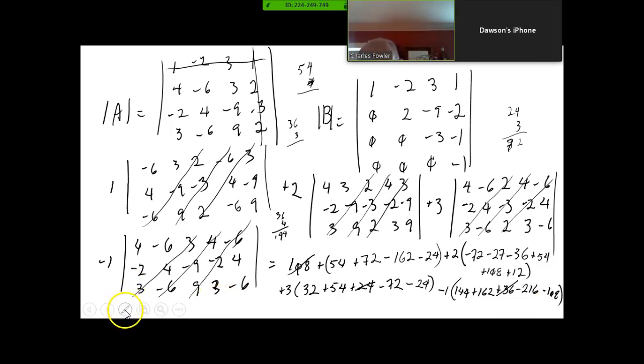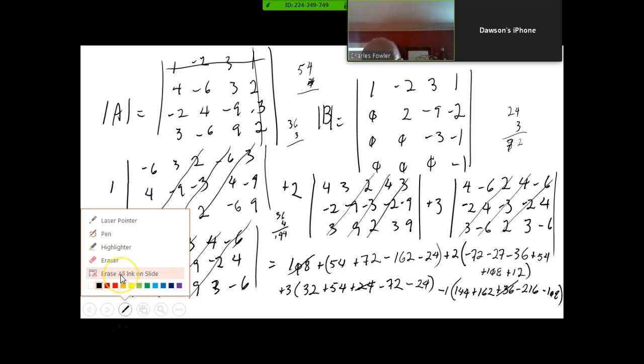So I'm going to erase what I've got here. Okay. And here is the determinant of another matrix A, a much easier matrix A. The determinant of 2, negative 3, 1, 4.